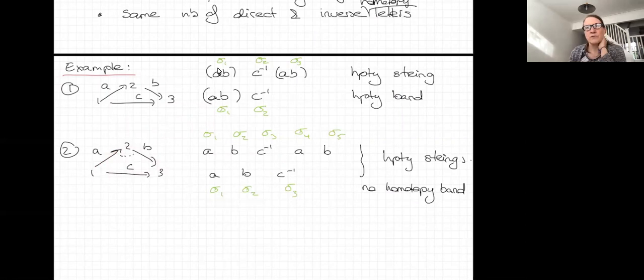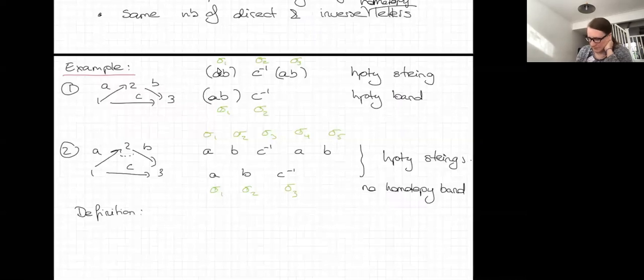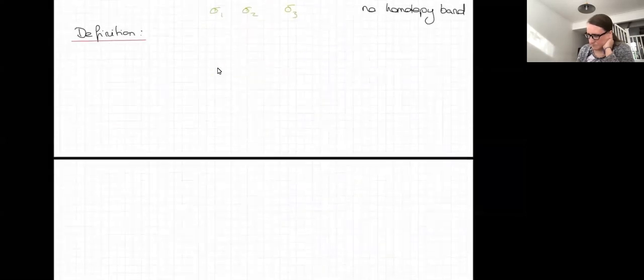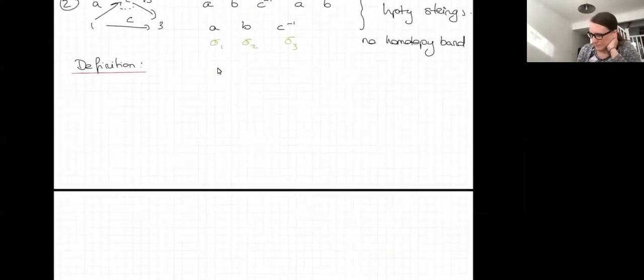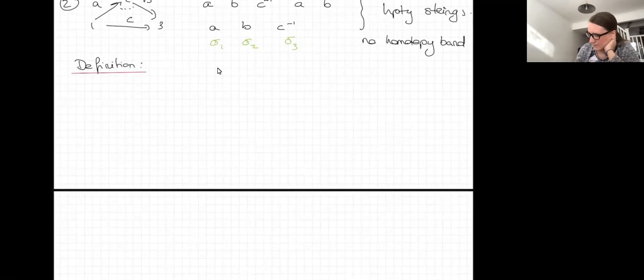Okay, in order to define a complex, we need a grading of the homotopy letters. And so this is the next definition. We take sigma equal to sigma 1 up to sigma n, a homotopy string or band.